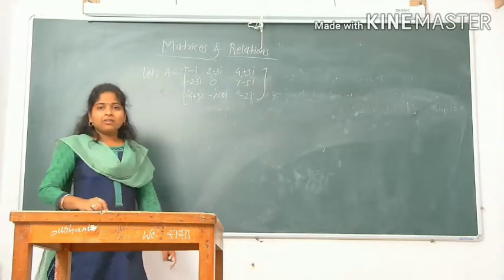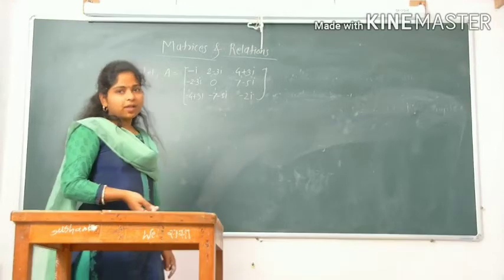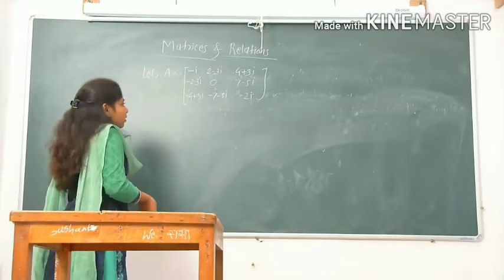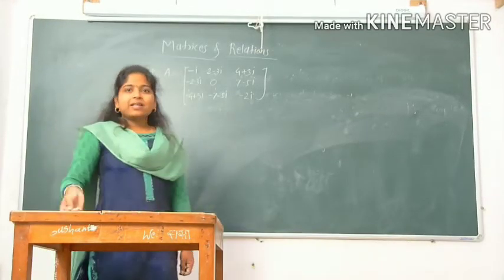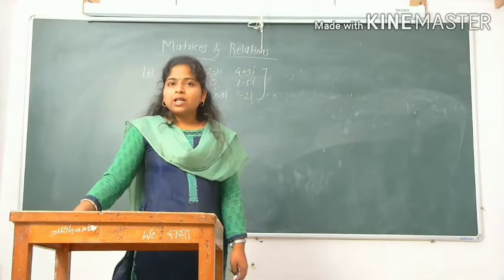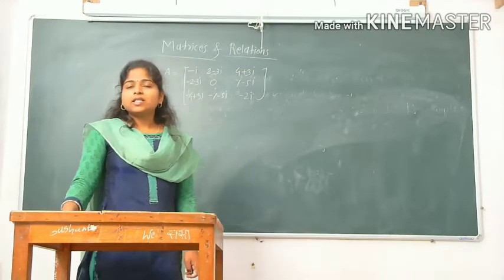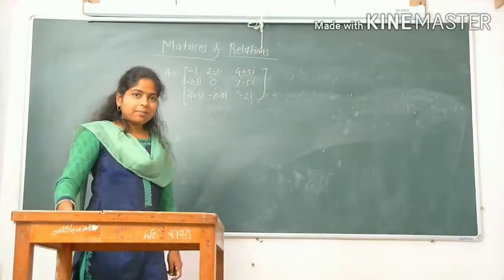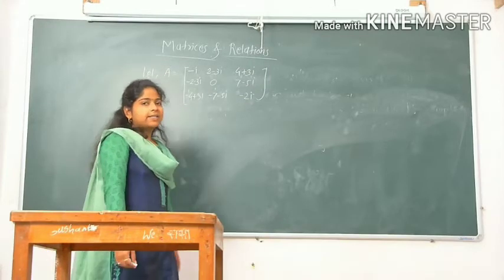So let us check whether this matrix is skew-symmetric or not. We know that a matrix A is said to be skew-symmetric if Aij is equal to minus Aji bar for all i and j.